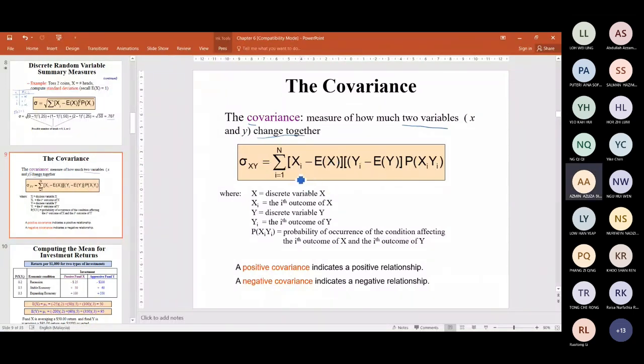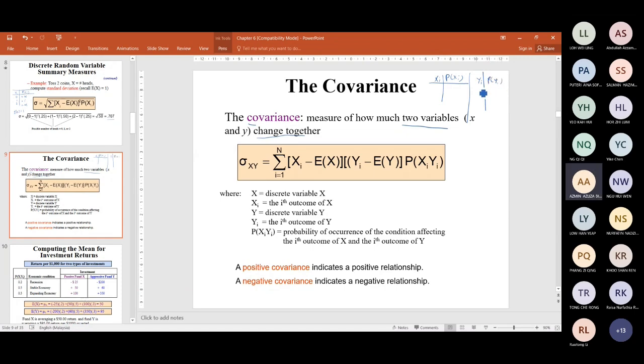Again, the formula maybe looks a bit tedious, but actually we have all the values. We have Si, we have E(X) you can find, and we have Yi, because remember we have two variables here. Just now we only had Si and PSi. Now we also have Yi and PYi.